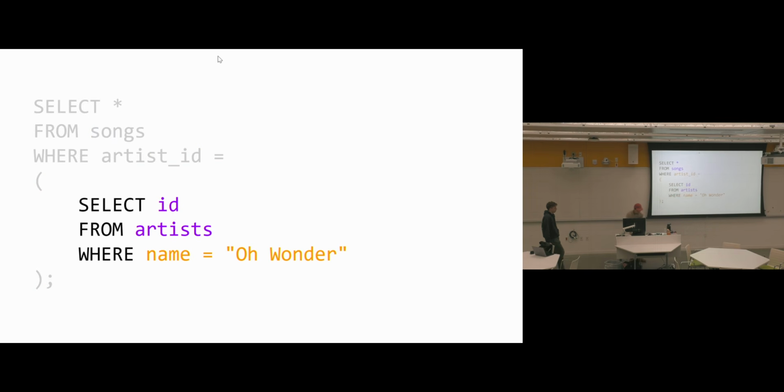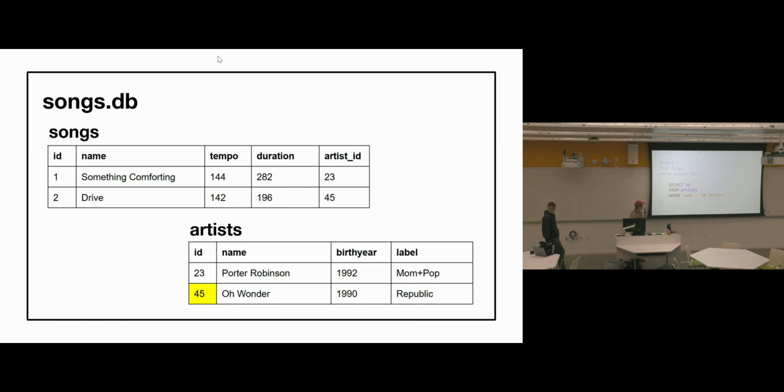When we do that, and focusing on just that part, we'll realize that we go to the artist table, we look at the ID that has the matching name Oh Wonder. That entire expression inside of the parentheses evaluates to 45. That is what gets returned because we just did select ID. So the ID gets returned. And then abstractly, this is what happens to the code.